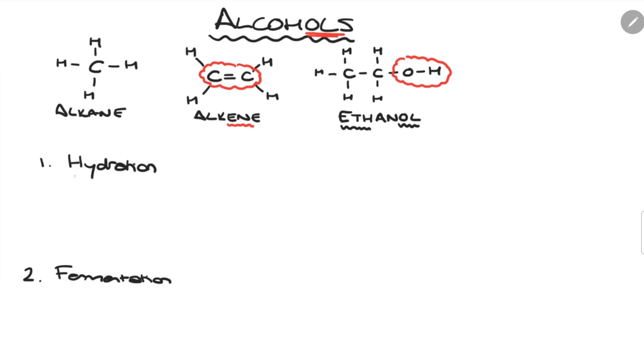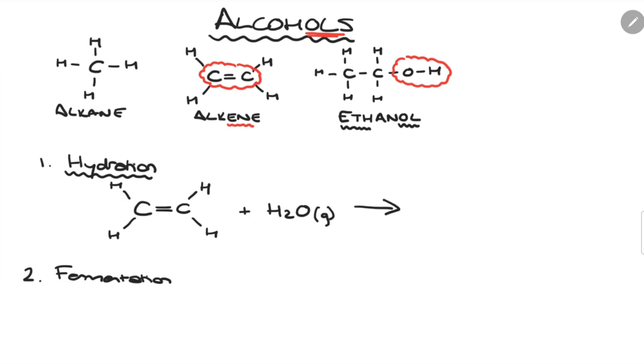Hydration, or a methodology called direct hydration, essentially takes an alkene, so we'll take ethene in this example, and it takes a water molecule, and through an industrial process whereby the water is steam, and we do this at a high temperature, typically 300 degrees Celsius, so very hot, and also at a high pressure as well.